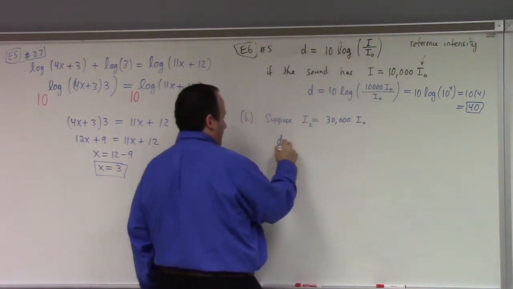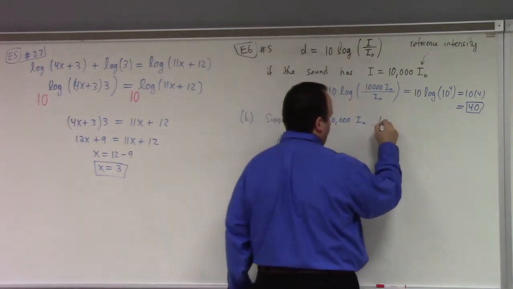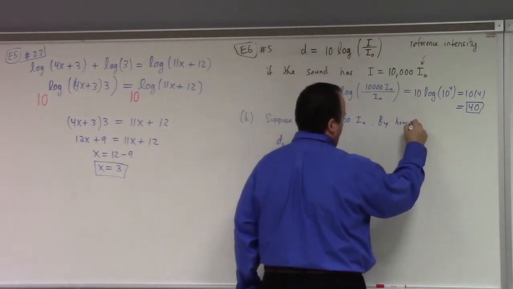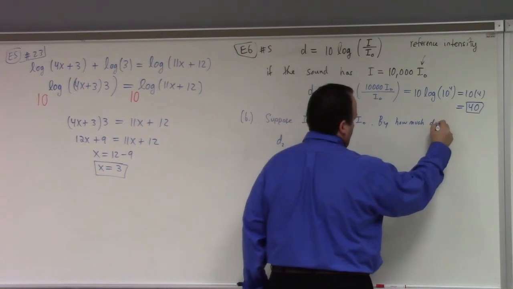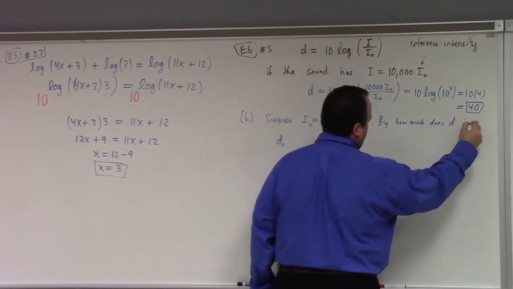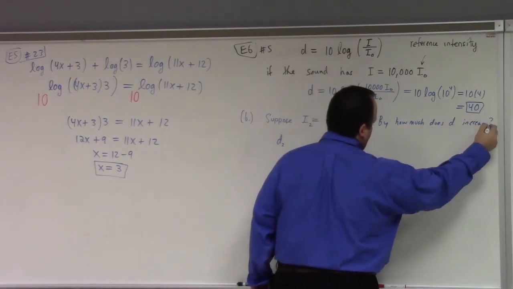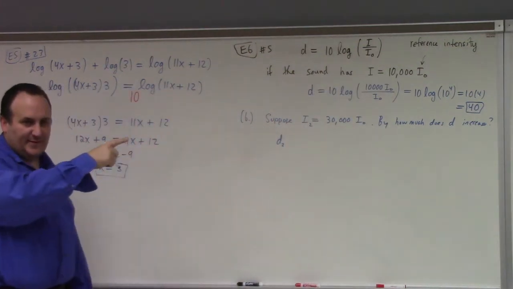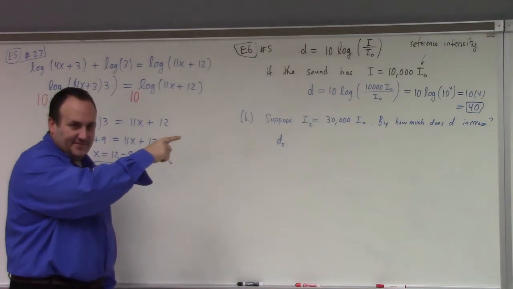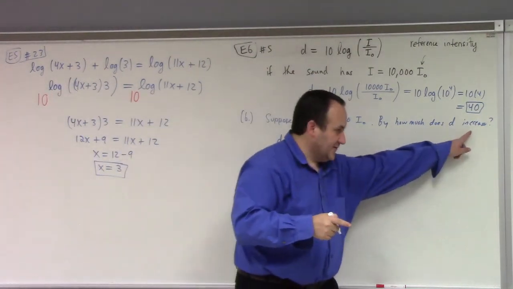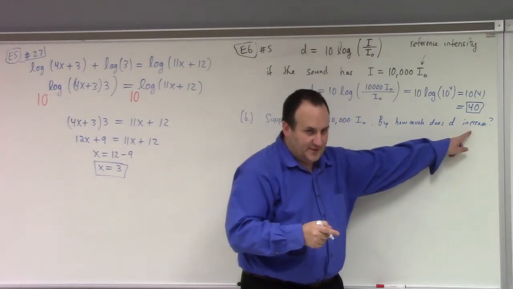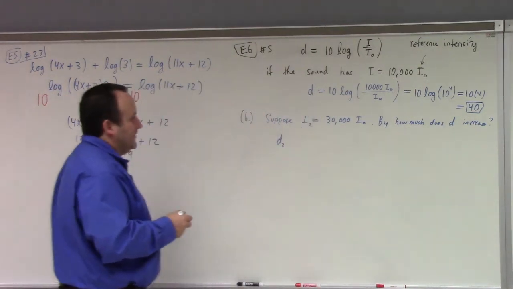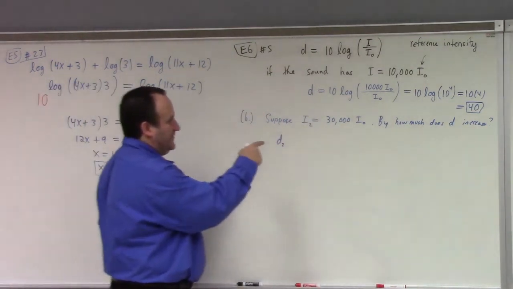Then by how much does D increase? That was increase. You guys are going to ask about the spelling of that. Increase. All right, okay. So D2, we just plug in 30,000. What happens then?